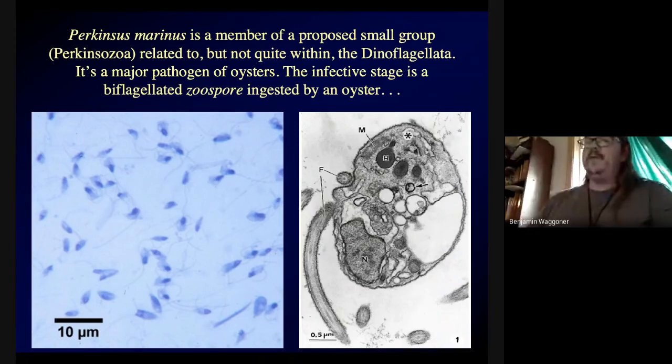On the left, you can see what these look like when they've been stained. The cells are less than 5 microns long. They're quite small. On the right, you've got a transmission electron micrograph of a cross section through them.